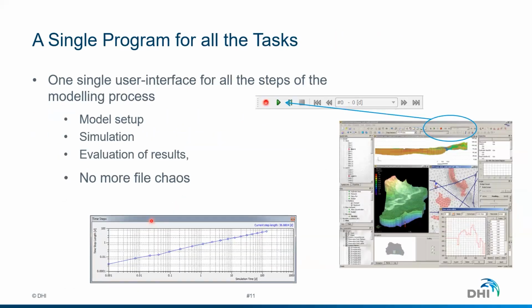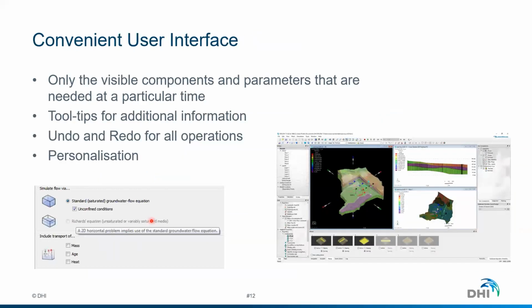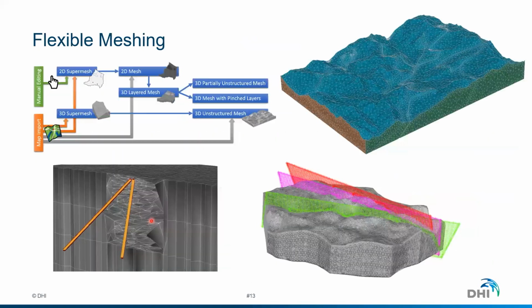The interface allows you to set up the model, run the simulations, and do results analysis, and everything comes in one single file format. It's .fem, and for the results, it's a .dac file format. The interface gives you a number of tips, and you can also personalize and customize it depending on your needs.